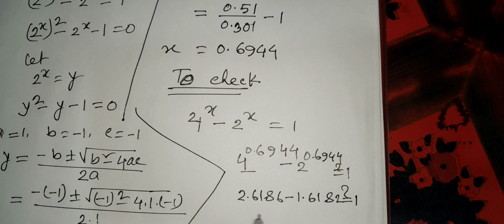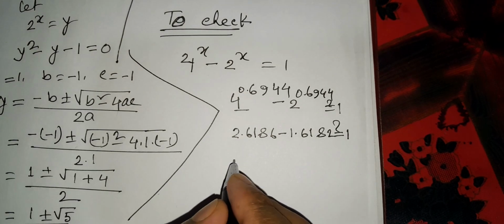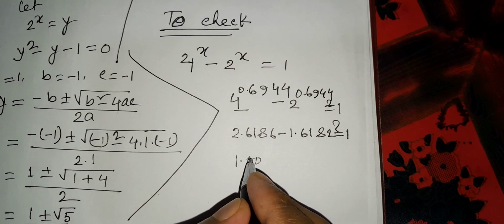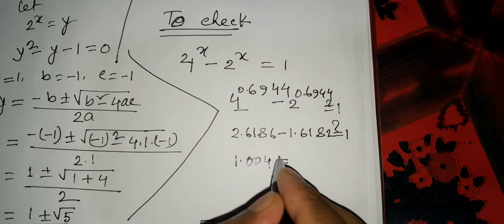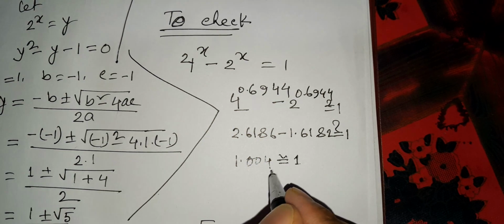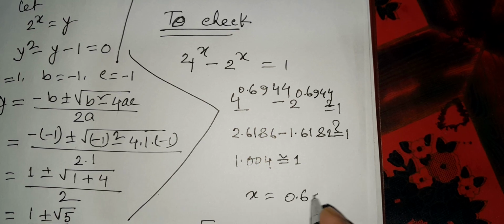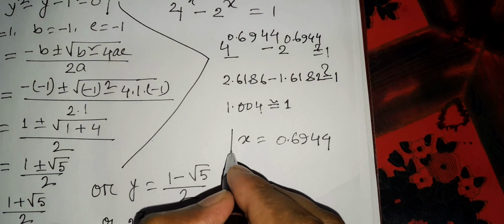So by subtracting we get 1.004, which is equivalent to 1. So the answer is equal to 0.6944.